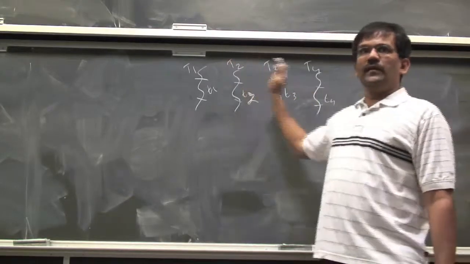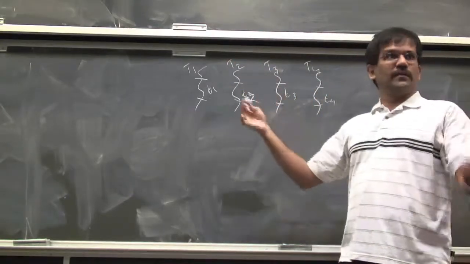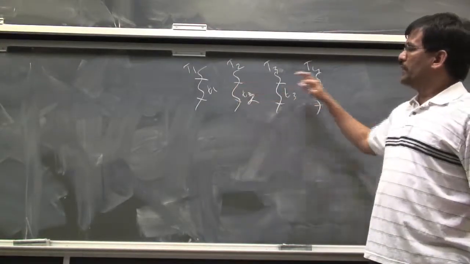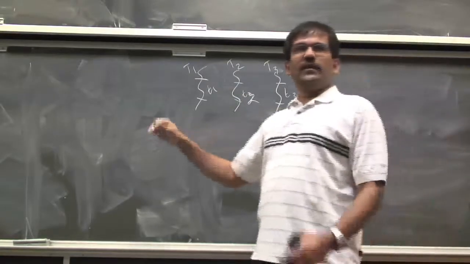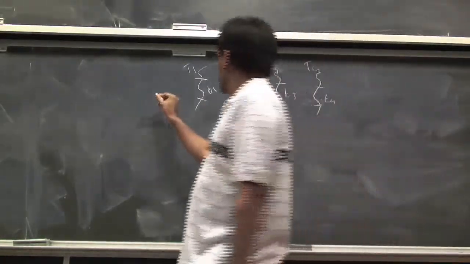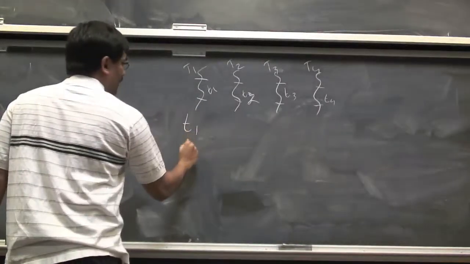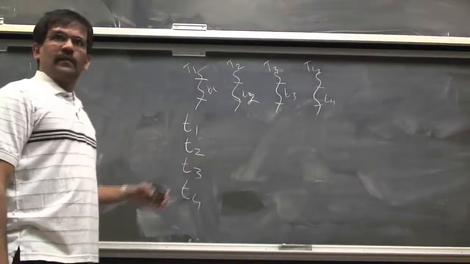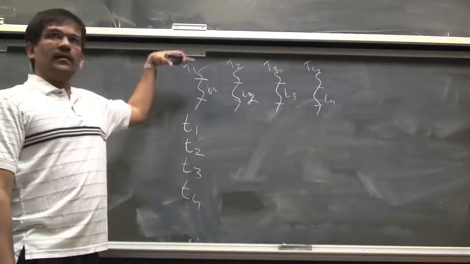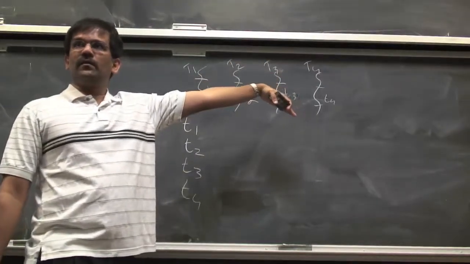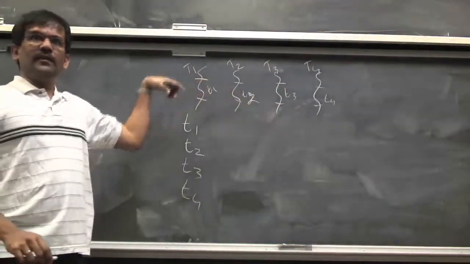If you define these as transactions in your code, because you have a begin transaction, end transaction kind of stuff, then a serial schedule says that the transactions are in serial order. So one of the possibilities is you have T1, T2, T3, T4, which says transaction 1, and then transaction 2, then transaction 3, then transaction 4. It does not say that this has to be the order.